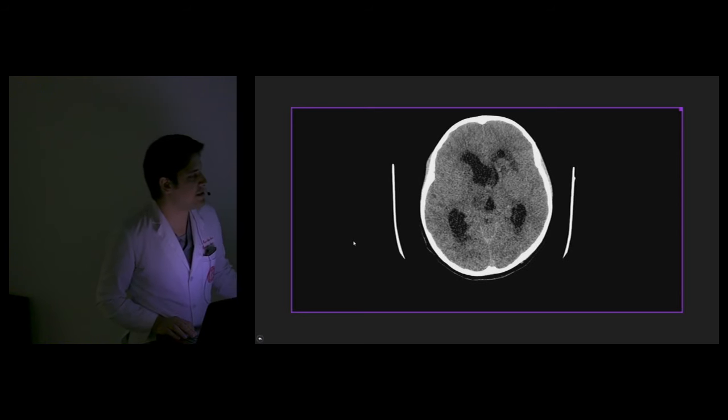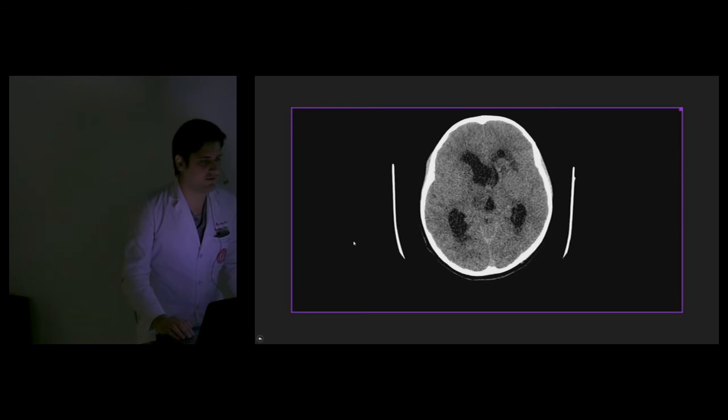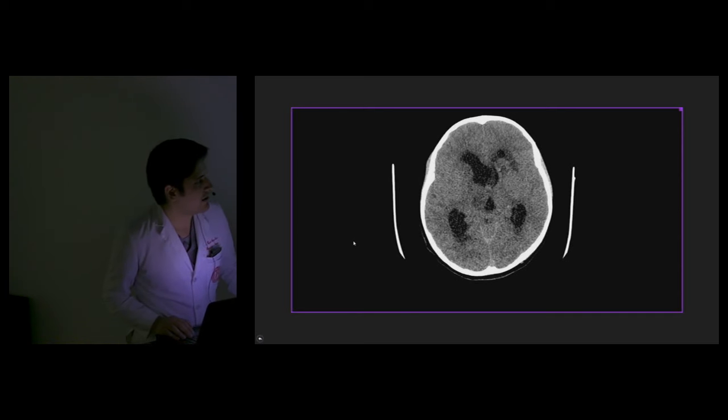This is the CT scan that followed the deterioration of the patient, where you could see ventriculomegaly with subependymal extravasation of the cerebrospinal fluid.